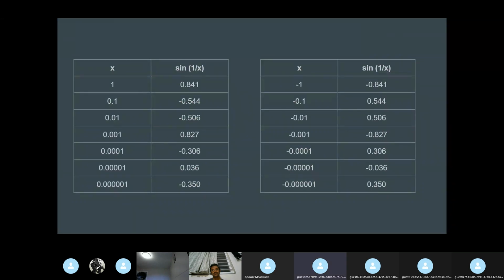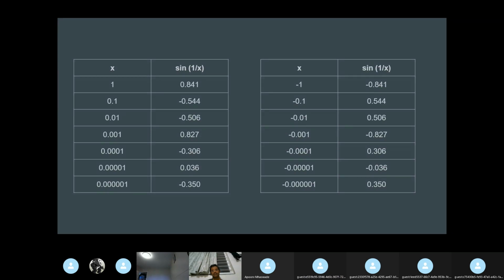So based on this, when x is approaching 0 from the right hand side, the value is negative 0.350, and then when you're approaching 0 from the left, it's positive 3.50. So I don't think we can say there is a limit because left hand side and right hand side are approaching different values.